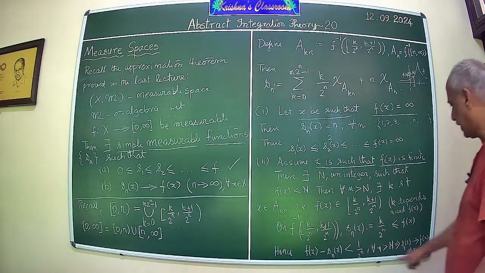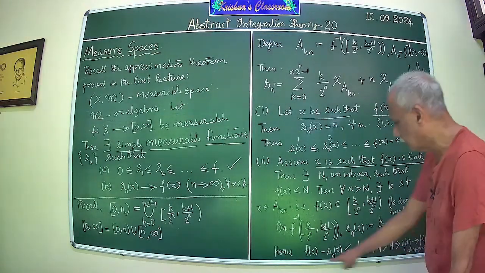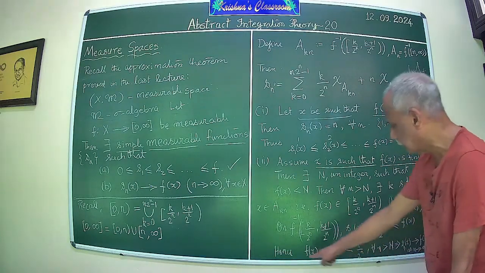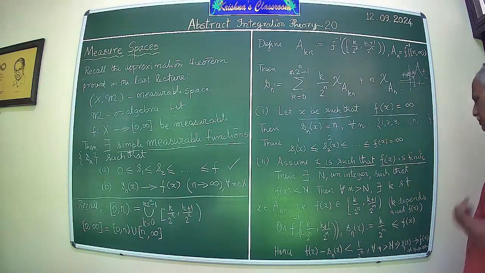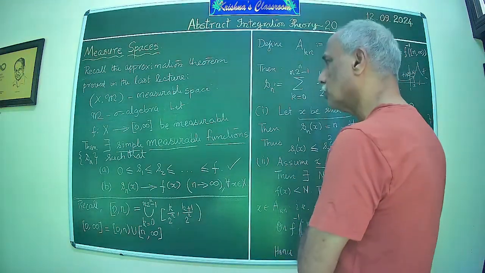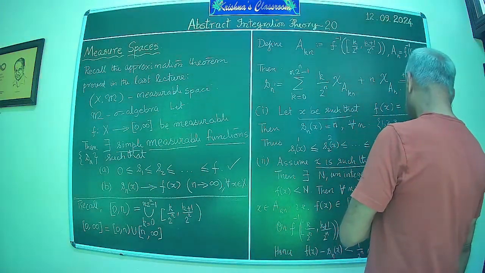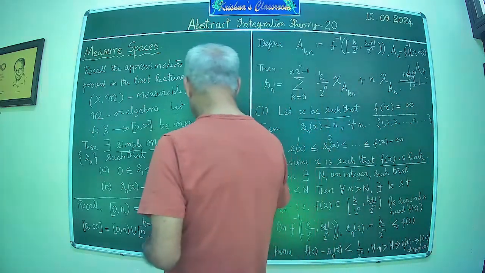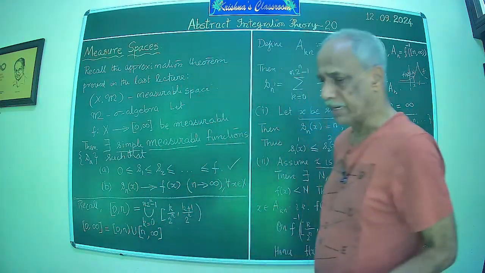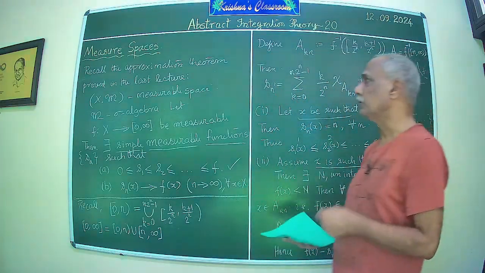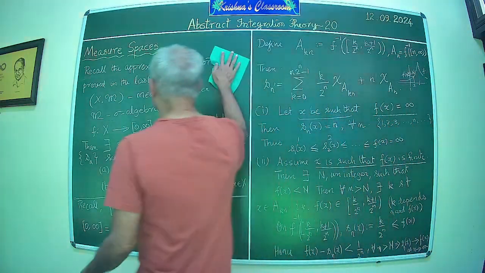So for every n greater than capital N, you have this inequality. So as n tends to infinity, S_n(x) converges to f(x). That's the proof of that. So that's the second part of the statement. Okay. So I just leave it at that, and now we introduce what are called the measure spaces.